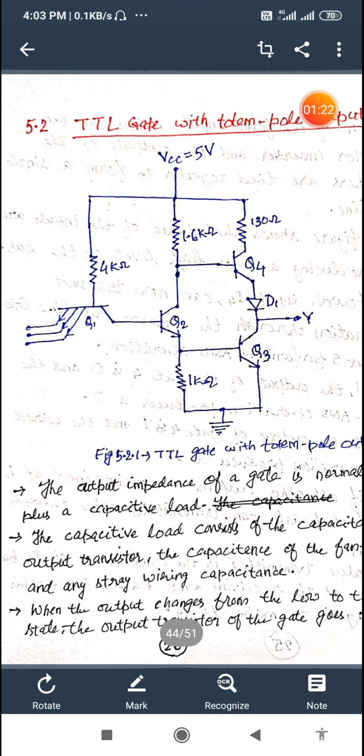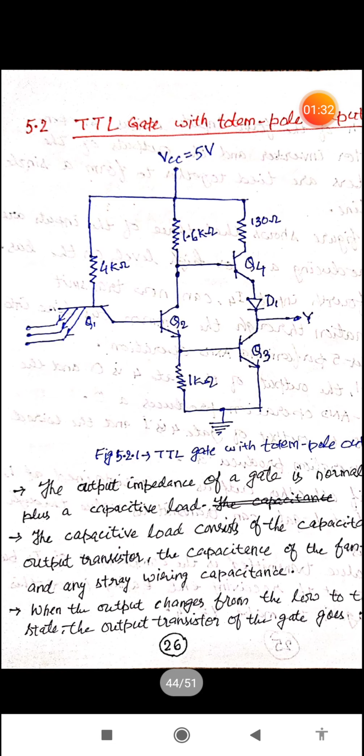When the output changes from the low to the high state, the output transistor of the gate goes from saturation to cutoff, and the total load capacitance C charges exponentially from the low to the high voltage level with a time constant equal to RC.